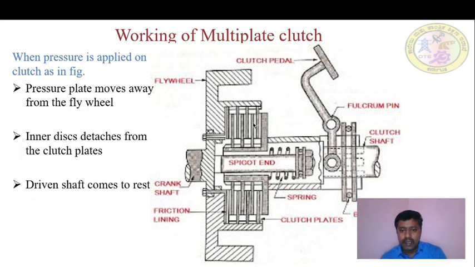When these inner discs detach from the clutch plate, the transmission of power from this flywheel stops. Means the power will not be transmitted from driver shaft to driven shaft.